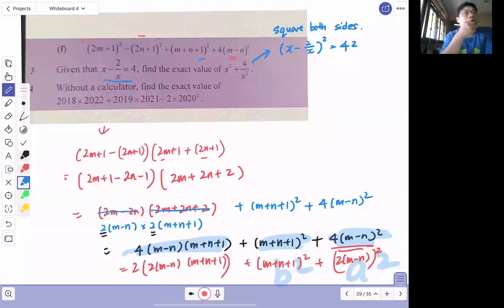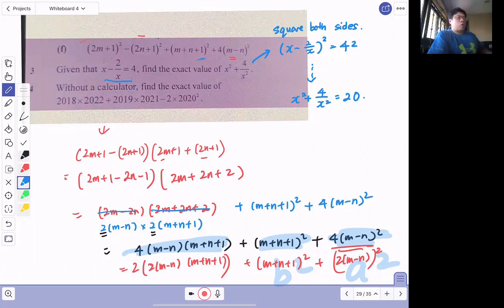Okay, you try first, see whether you are successful. You square both sides, the final answer is actually 20. You see whether you can get it. Very fun one, this answer. The important step is to square both sides. Once you square, you are going to be successful. But nobody will tell you need to square, so it's a bit challenging.